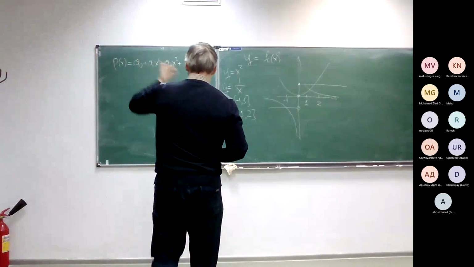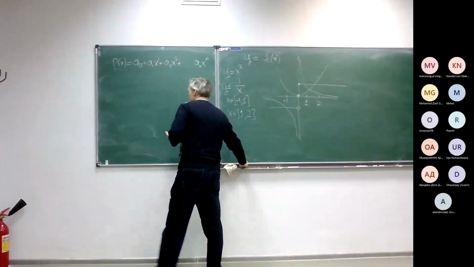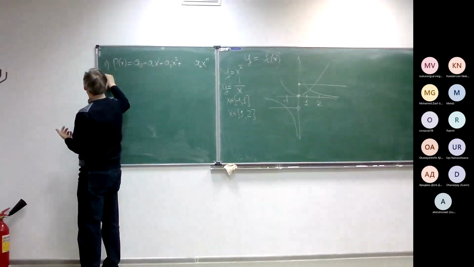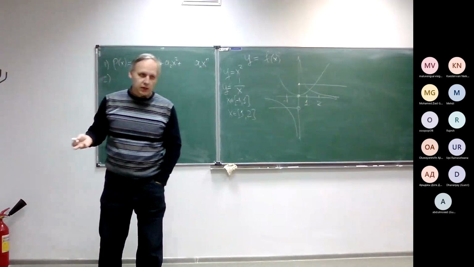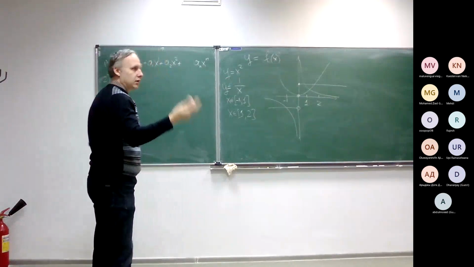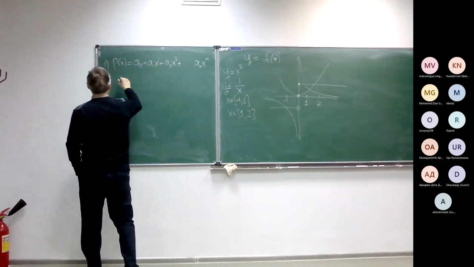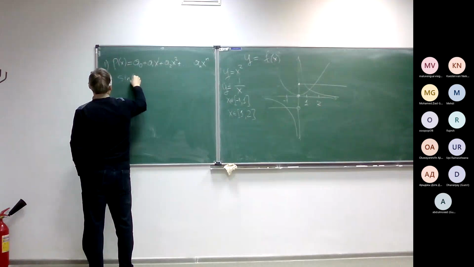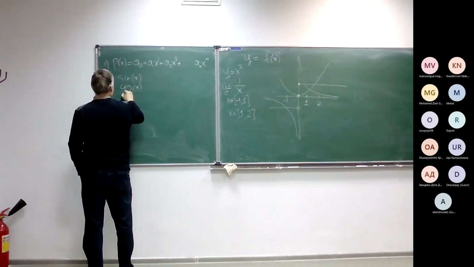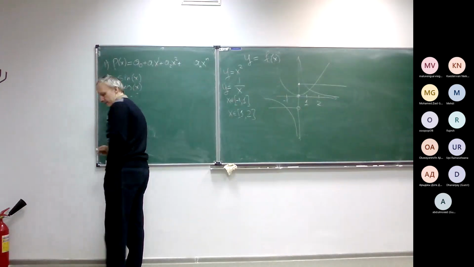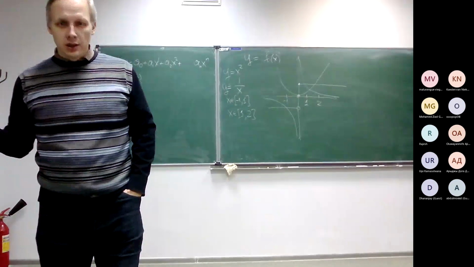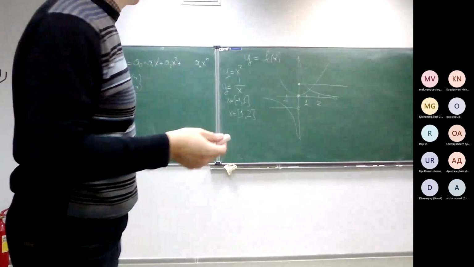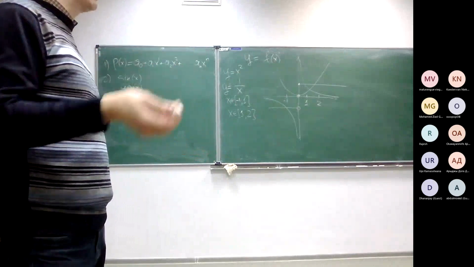So the first class is polynomials. The second class is trigonometric functions like sine, cosine, tangent, cotangent: sine x, cosine x, and so on.